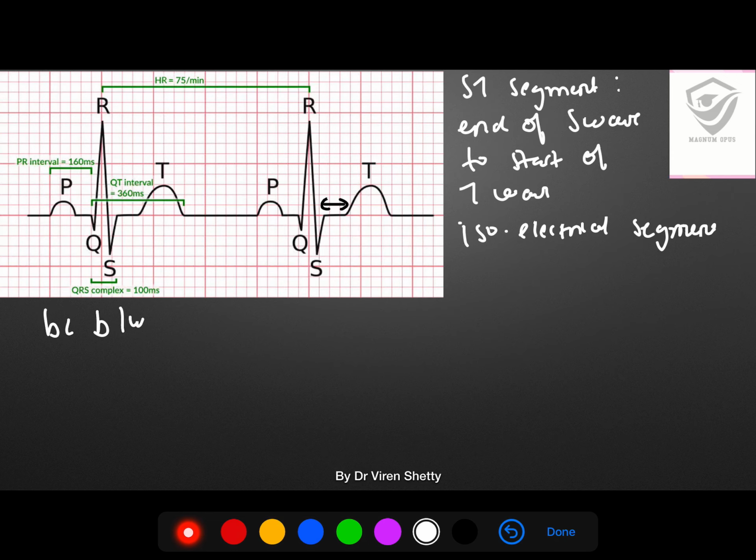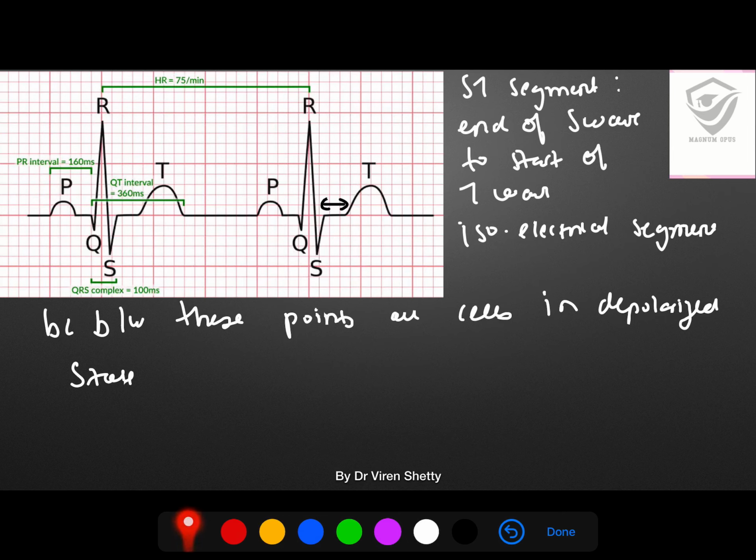Because between these points all cells are in a depolarized state, since QRS completes depolarization and repolarization starts from here.